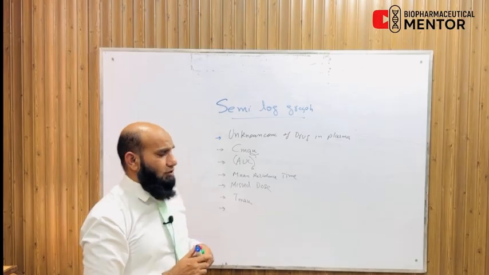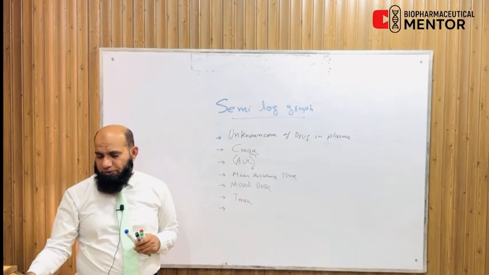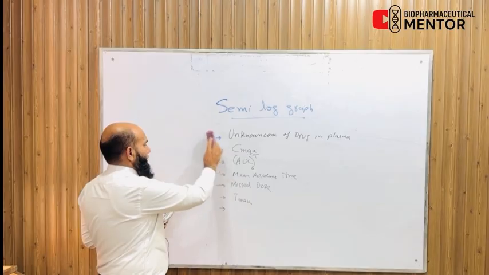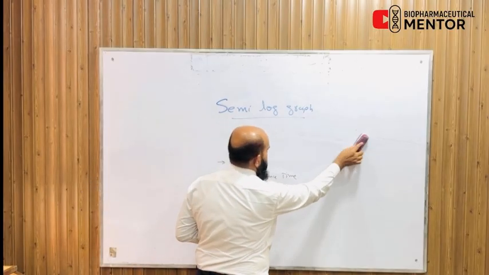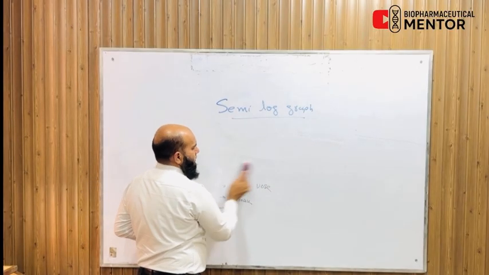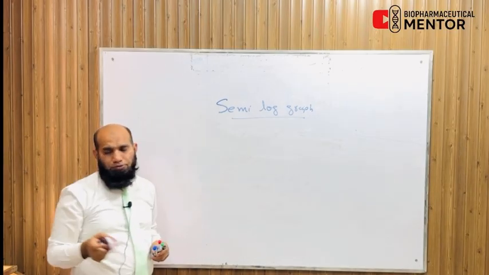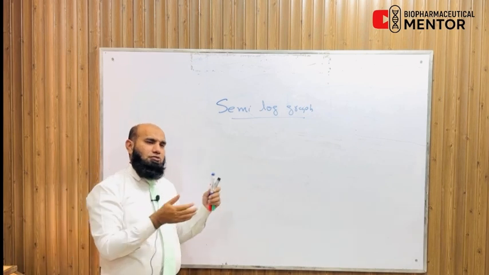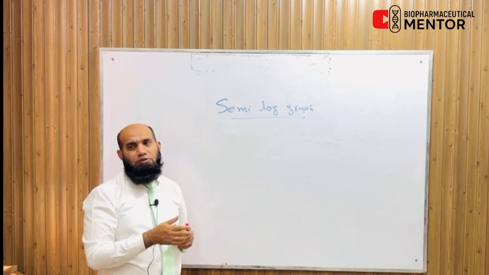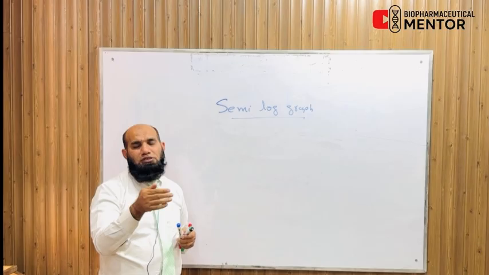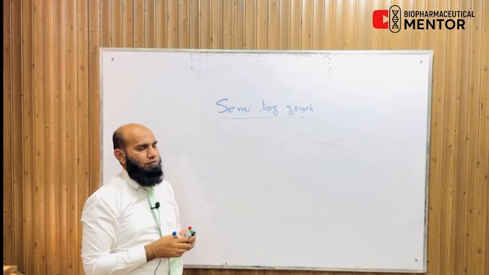Let's start with the semi-log graph. First of all, I would explain the nature of the graph. In our practical exercise book, there are different ways to construct this type of graph, because we have a logarithmic scale on the y-axis, and there may be a 1 cycle, 2 cycle, 3 cycle, even 4 or 5 cycle graph.